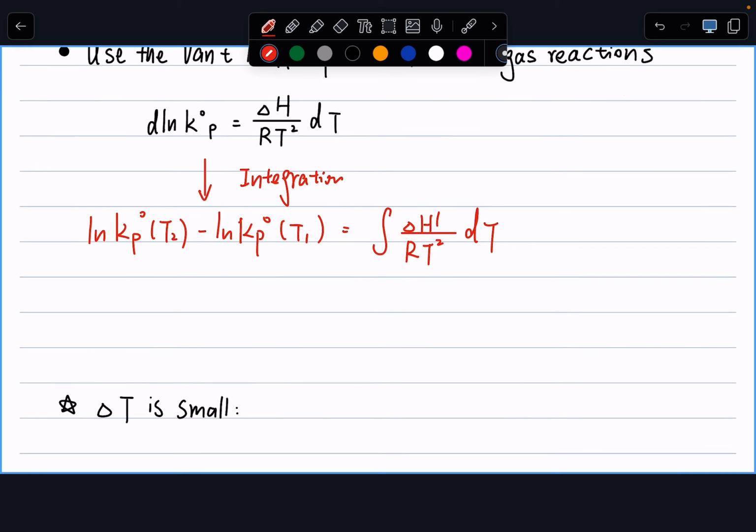All right, so this delta H should be a function of temperature. But when the temperature change is very small, we will tell you that you can ignore the dependence of delta H with respect to temperature. And when I say small, I'm saying delta T is within like 300 Kelvin.